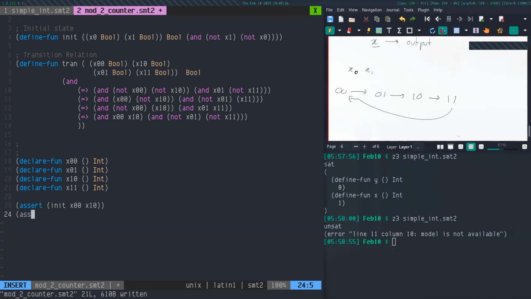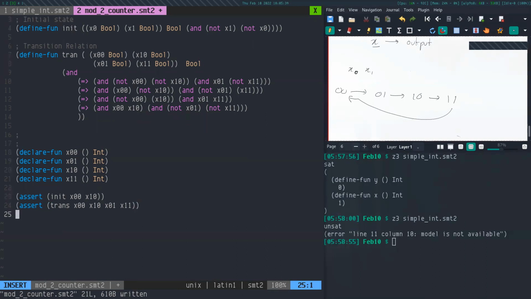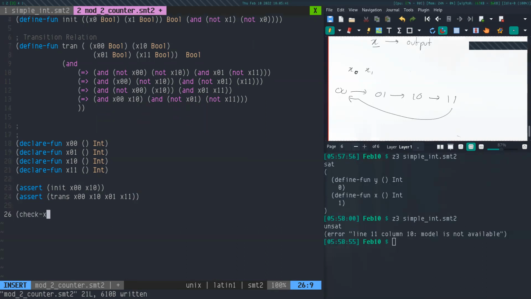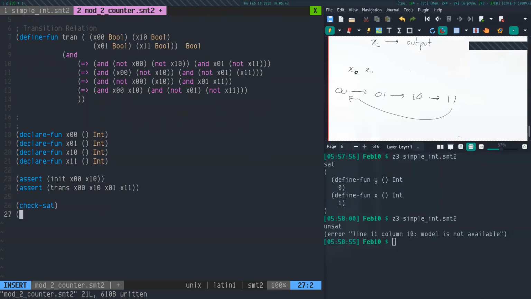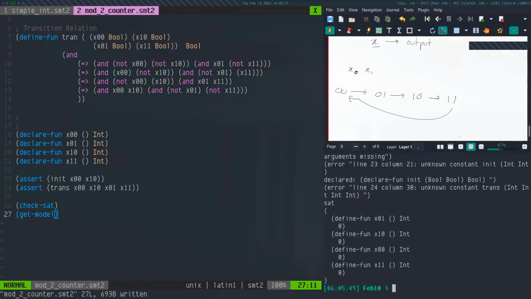And we're also going to assert trans of x00, x10, x01, x11. Then let's do a check-sat and get-model. It's trans, not trans.